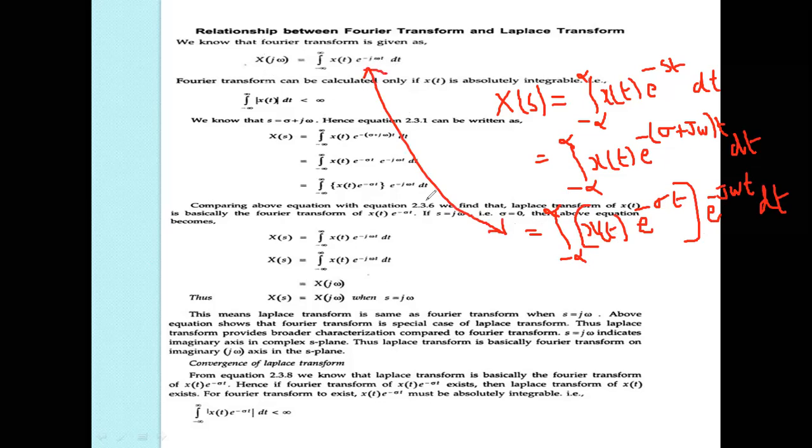You can see these two equations. X of j omega is equal to integral minus infinity to infinity, but instead of x of t, here it is multiplied with e power minus sigma t, and e power minus j omega t dt is the same.